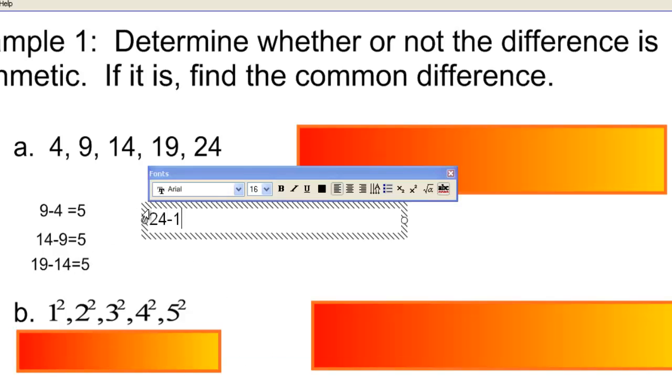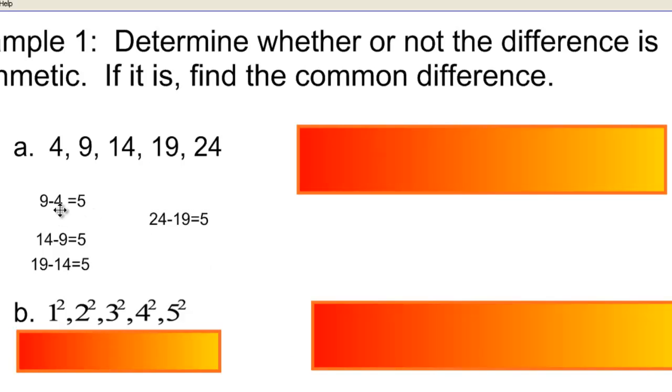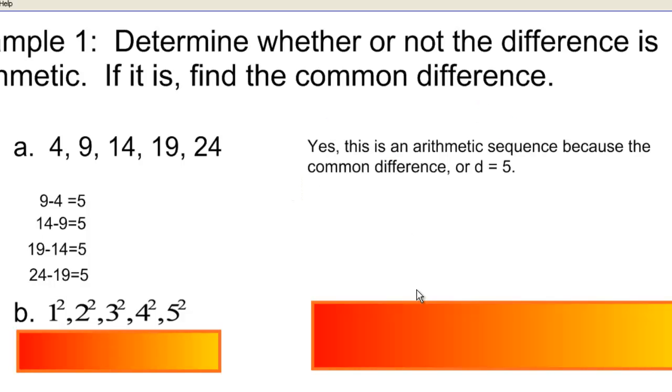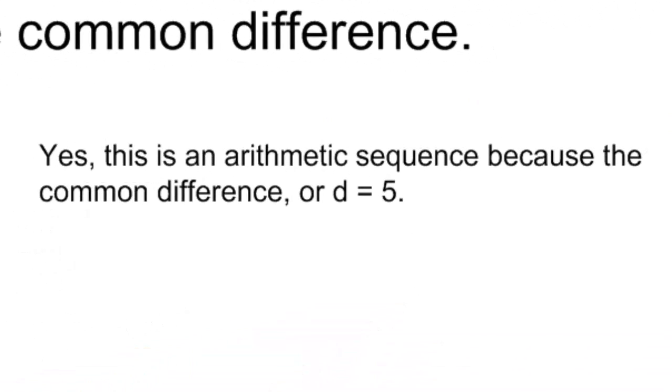When I take 24 minus 19, it yields 5. So in each one of these cases, when I took a term minus its previous term, per the definition, I got a common difference of 5. So this is an arithmetic sequence because the common difference, or the variable d, is 5.